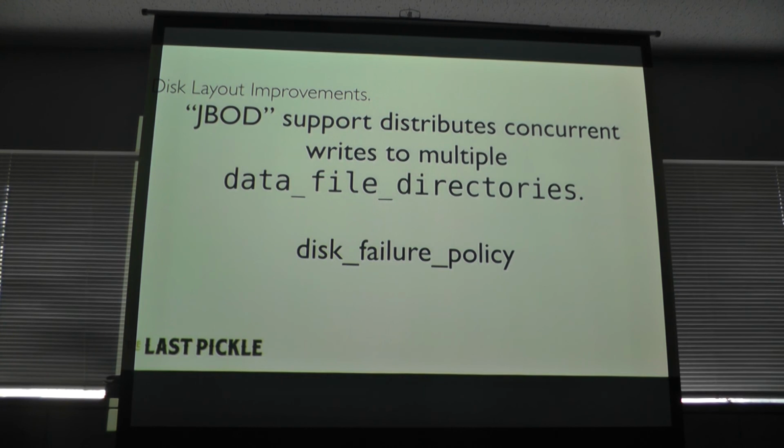So previously we would just find the data volume that had the most space, and so we could have 3 SSTables being written at the same time to a particular disk. Now, if we're writing 3 SSTables at the same time, they will be distributed across 3 disks. And so we're taking advantage of the parallel disk I/O.